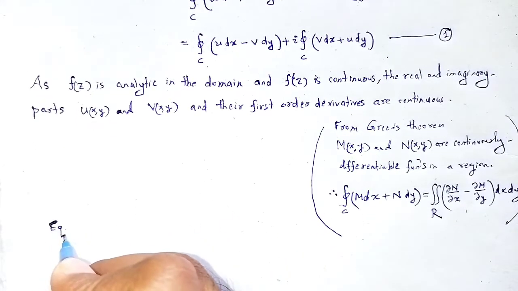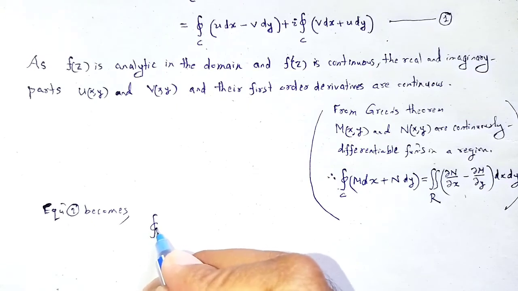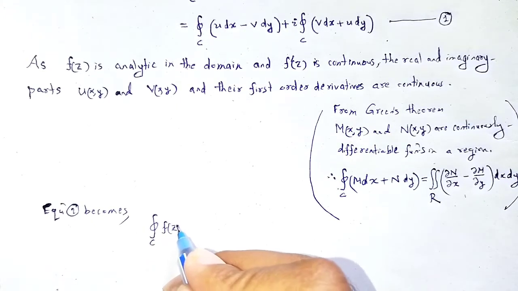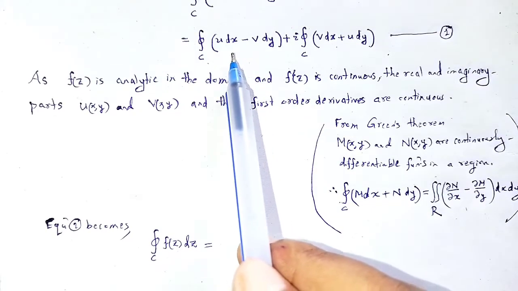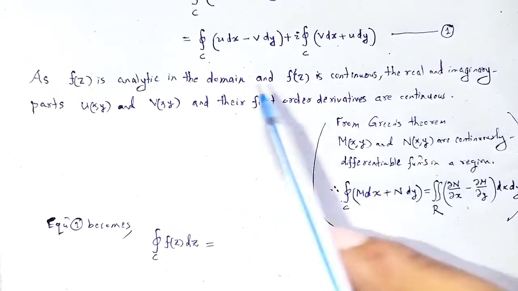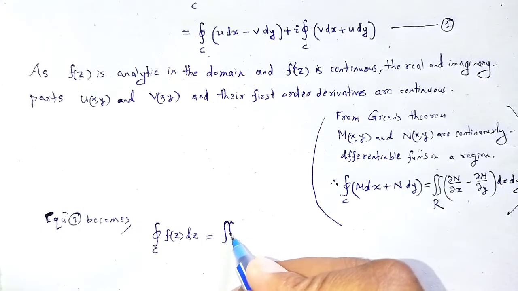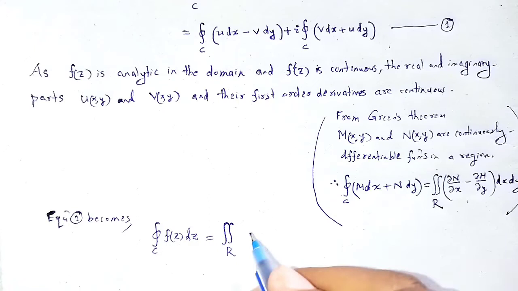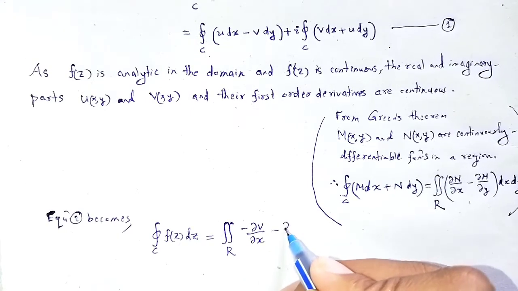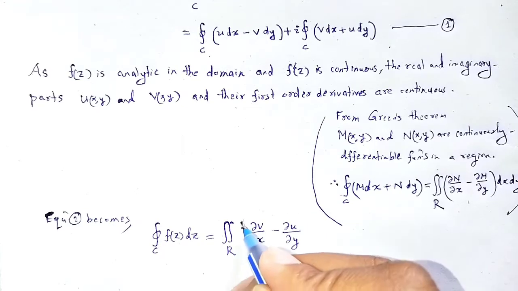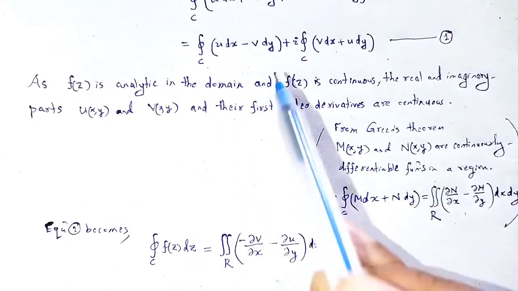So, equation 1 becomes ∮_C f(z) dz equal to, with the integral changed according to Green's theorem, the region integration over R of (−∂v/∂x − ∂u/∂y) dx dy. Here M is u, N is −v.